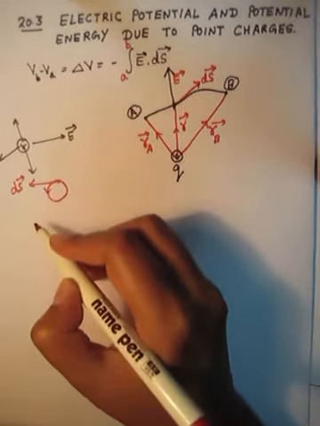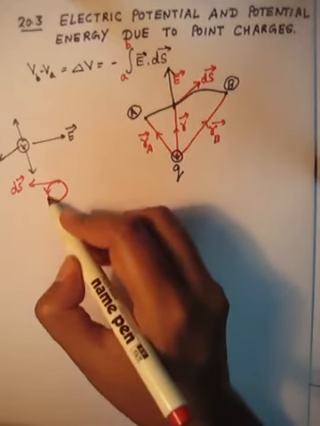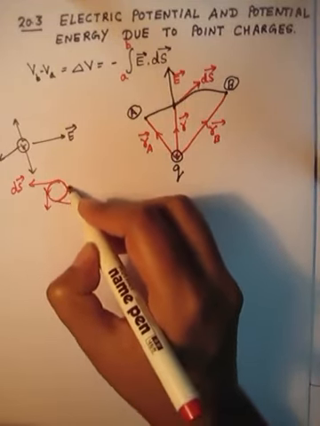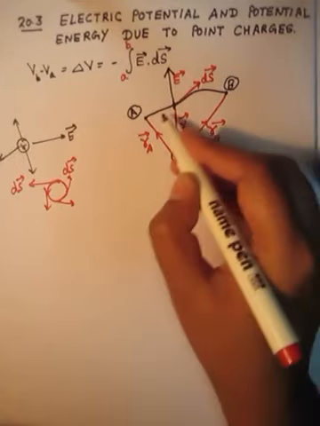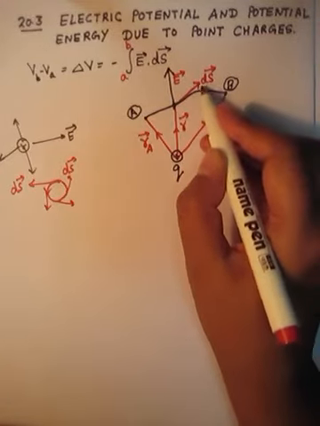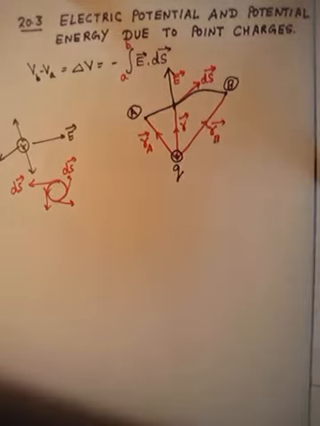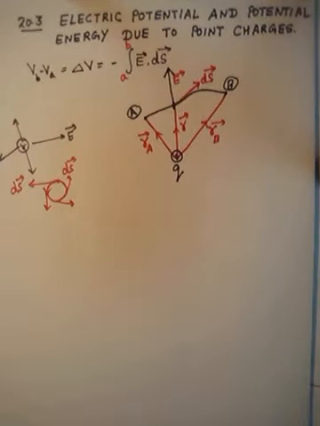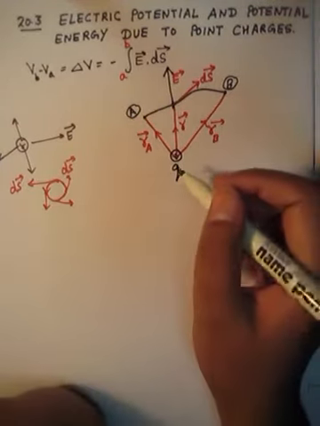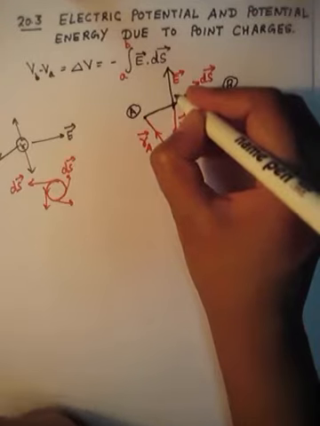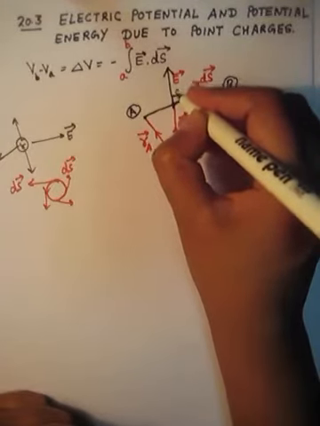If you're moving along this circle, the displacement vector will be a tangent at each point. Similarly, the displacement vector at this point will be a tangent to the path, and let us say this angle is theta.